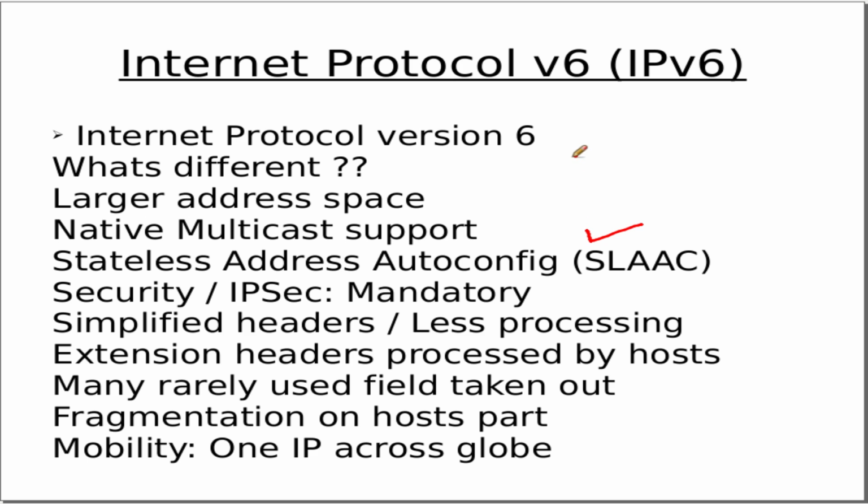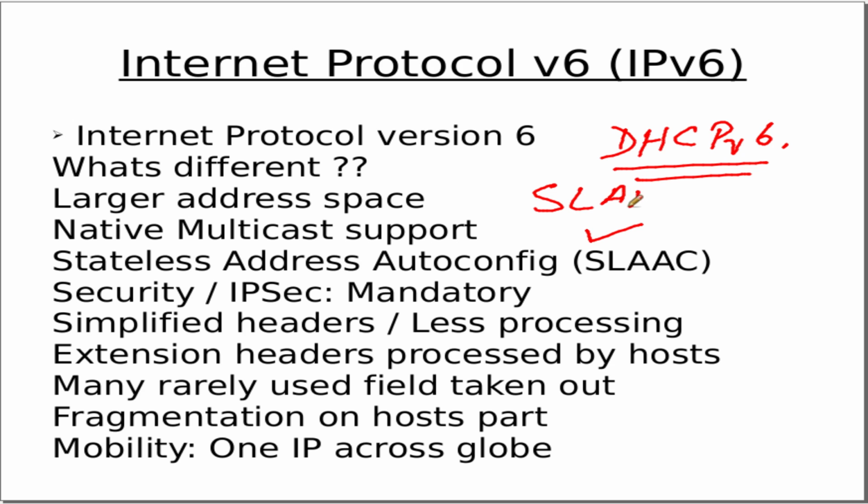Besides that, we also have a concept which is stateless address autoconfiguration. In IPv4, we have to use DHCP if we want our host to be configured dynamically. But in IPv6, we can use DHCP, which is called DHCPv6. But besides that, we can also use SLAAC, which is stateless address autoconfiguration, written over here, and it uses the protocol NDP, neighbor discovery protocol, and we'll read about it later.